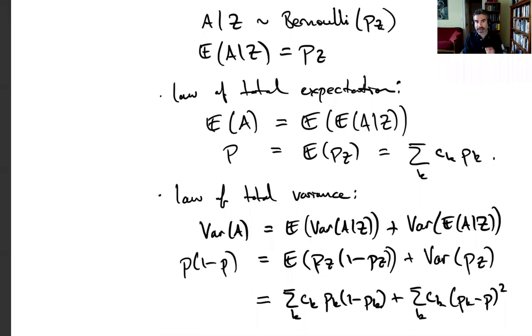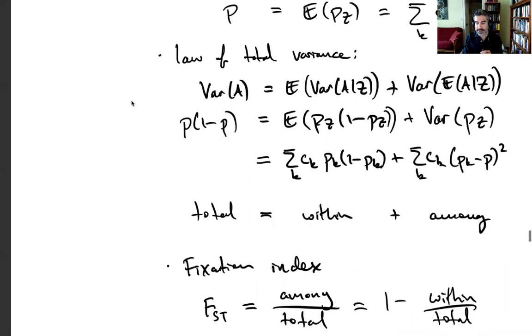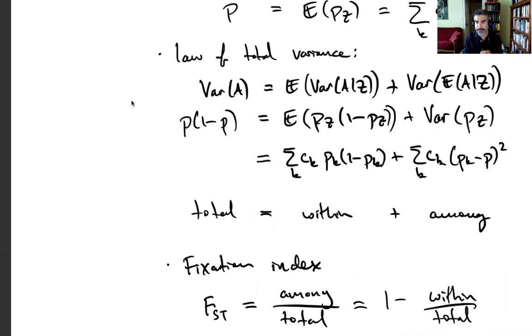The fraction of the latter to the total is known as the fixation index, or FST. And Wright used S for subpopulation and T for total. That's where the original notation comes from. The fixation index thus represents the fraction of allelic variance due to population structure.